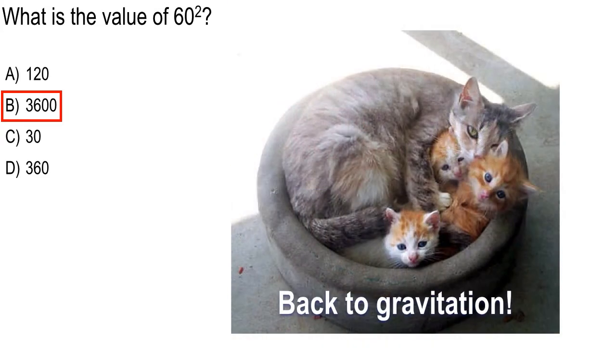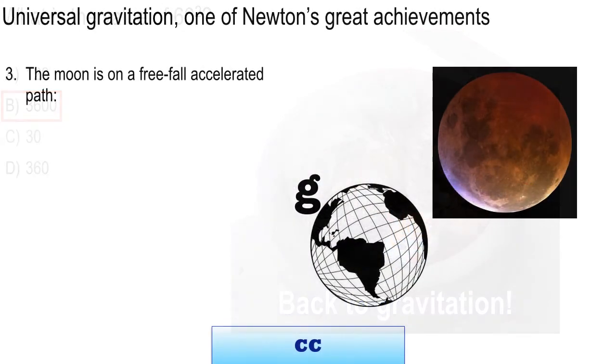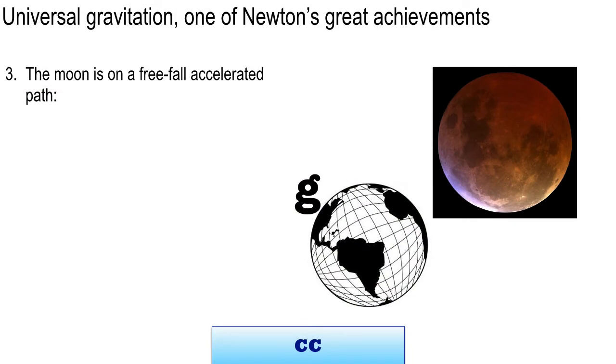So, let's go back to gravitation and talk some more about his great achievement. Now Newton conjectured that the same force that pulls the apple down towards the ground, or hits him on the head like a coconut, is the same force that pulls the moon towards the center of the Earth, a centripetal force that keeps it on its circular orbit.